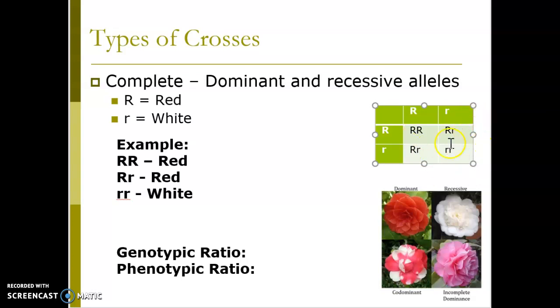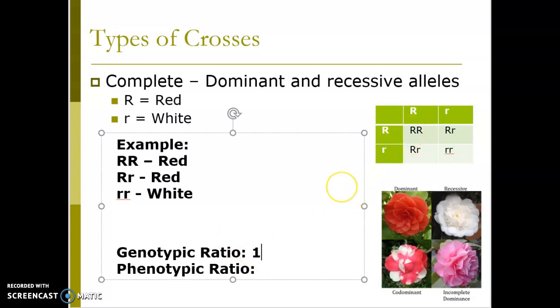Okay? So down here, a little bit different. When we're talking our genotypic ratio, remember it goes from homozygous dominant. So we have one homozygous dominant kid, then heterozygous in the middle, in this order, and we have two heterozygous kids, and then homozygous recessive, of which I have one there.